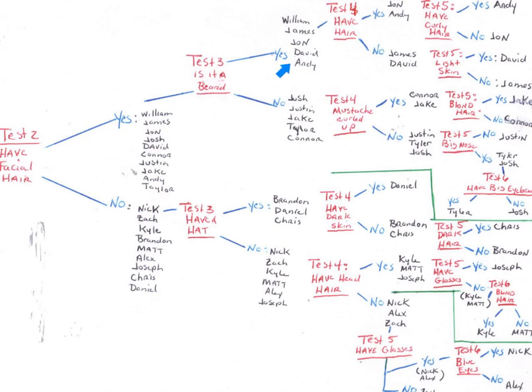If yes, we've identified the individual right here, and we can discard these individuals. Now we need to determine this individual. Do they have hair? If yes, we've identified it, and we can discard these. Of the two that have hair, is the hair curly? If yes, then we've identified the individual, and we identified him in as few as 5 tests.